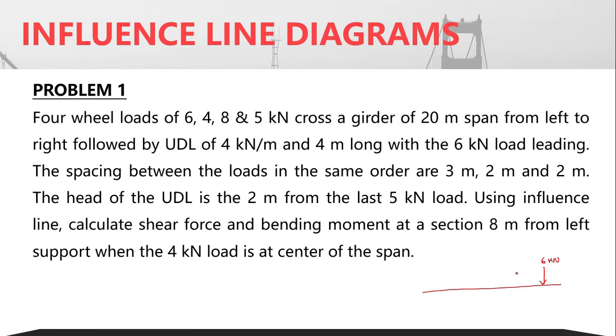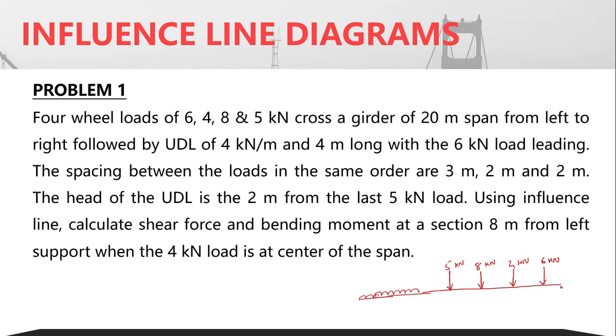Okay, then you have 4, then you have 8, then you have 5 kN. Okay, and then it is followed by a UDL. Okay, this is a corresponding train of loads.